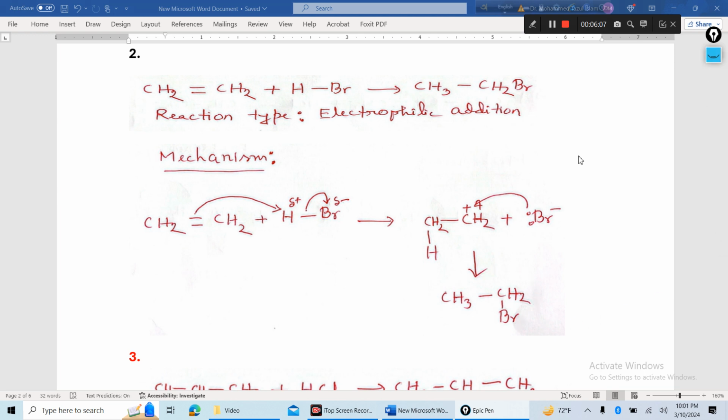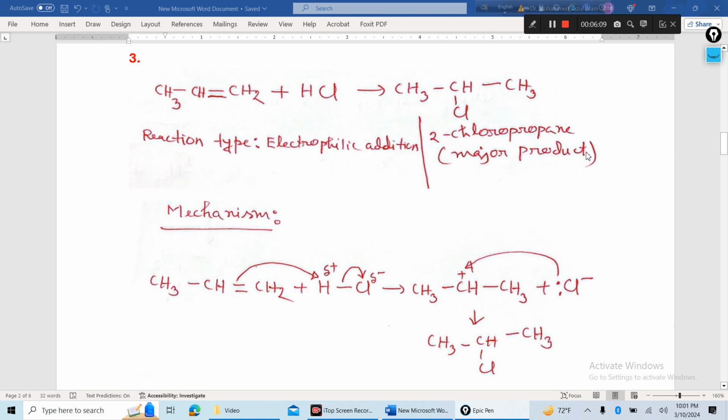Now next mechanism. This is 1, 2, 3, propene, a 3-carbon alkene. So when propene reacts with hydrogen chloride, hydrogen is added to this carbon, chlorine to this carbon.